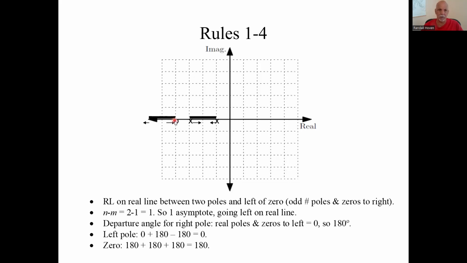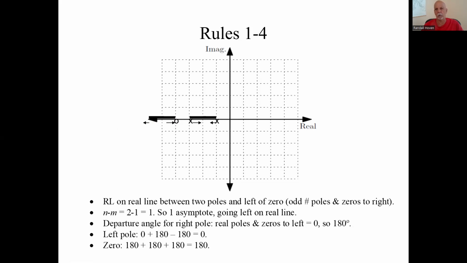Think of a little line coming out of that zero straight left, but the root locus comes in along that line. This was a case of n minus m where it's just 1, so you get a single asymptote straight left. We've got another branch that goes out to the left.